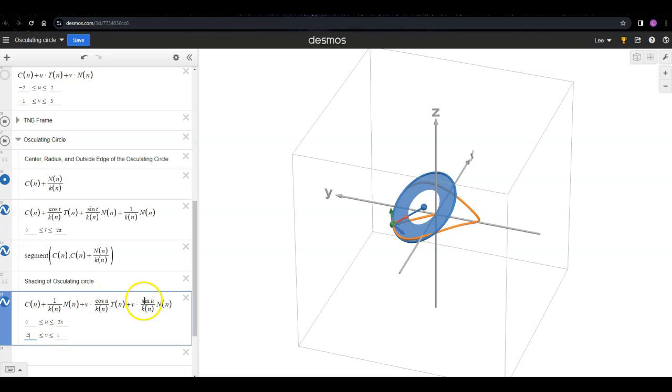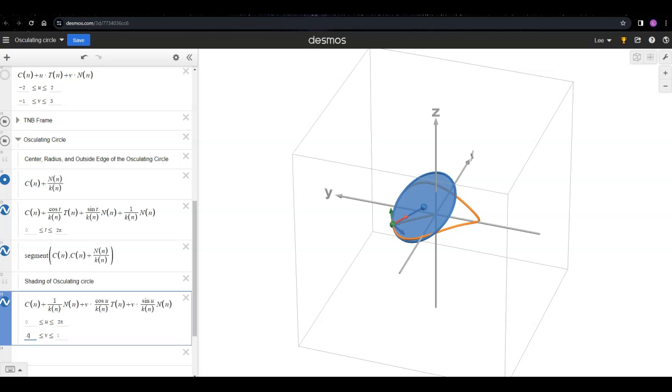Again, the cosine and sine don't have anything to do with the original function. Those are just forming the circle. Sines and cosines put together for parametric equations will often give you those circles that go around. So cosine in the t direction, sine in the n direction, and then times that. V is a scaling factor of going from the radius out to the edge, and that 1 over k is the total radius from the center out to the edge of the circle.